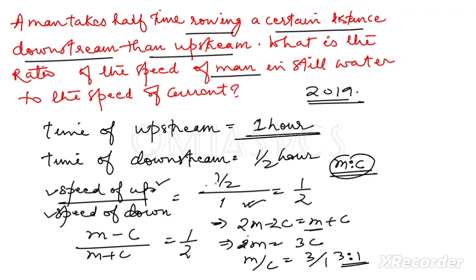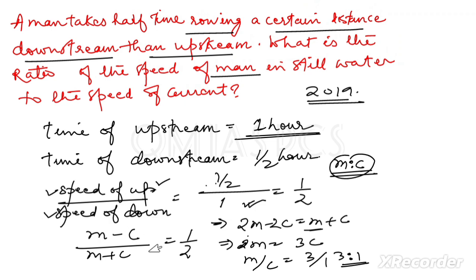We have to find the speed of the man in still water and the speed of the current individually. So we have to write it like this, because these are the relative speeds of the man and the stream, upstream and downstream. That is the relative speed concept. That's why we have written m minus c and here m plus c.